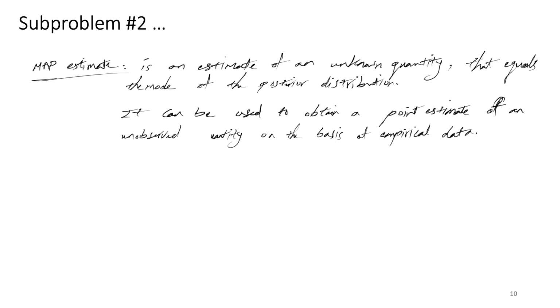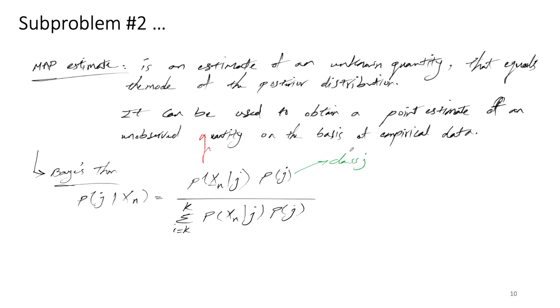So it can be used to obtain a point estimate of an observed quantity on the basis of empirical data. So, for instance, in this case, using Bayes' theorem, you want to estimate the j given x_n, right?